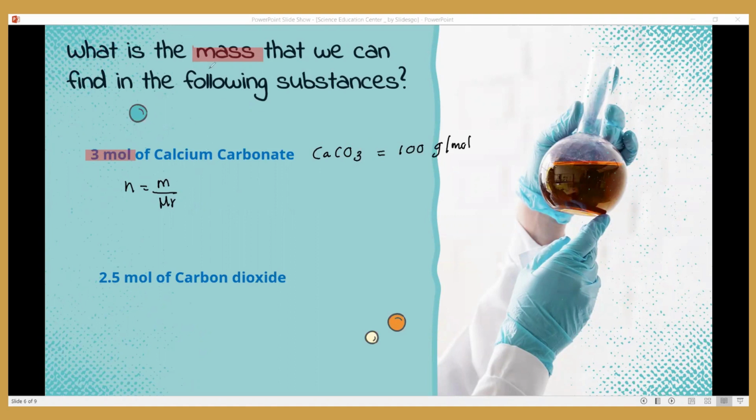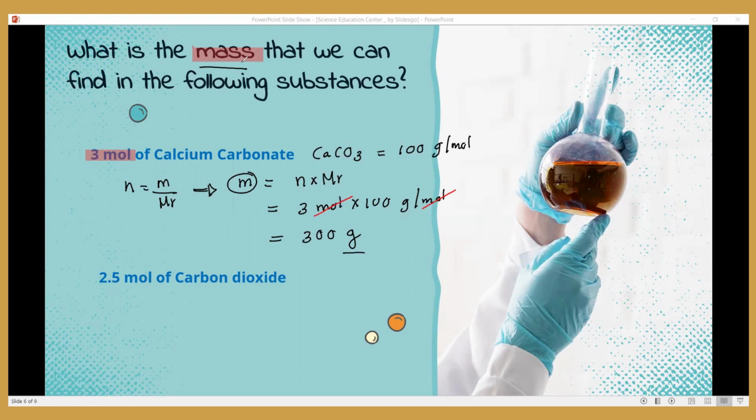Since we have to find the mass, I am rearranging this equation, making the mass my subject. So n into Mr, the number of moles, 3 moles, the molar mass, 100 gram per mole. So simply the mass will be 300 gram. Obviously, when we are finding the mass, the unit has to be gram. And also from here, we are getting the gram as our final unit.